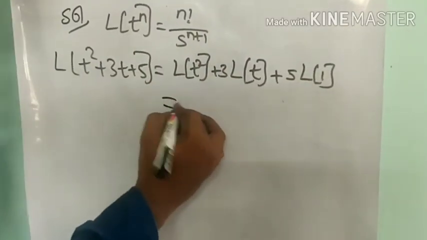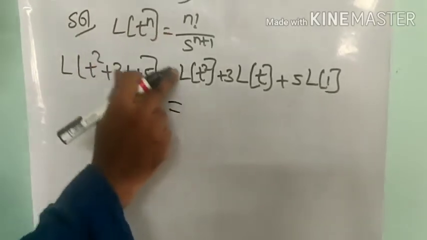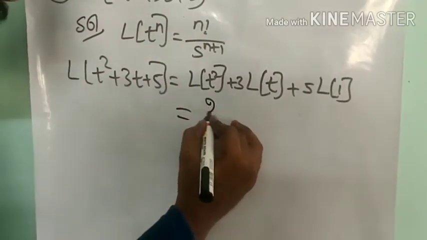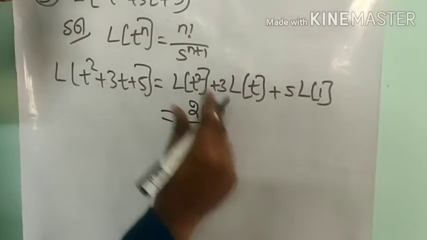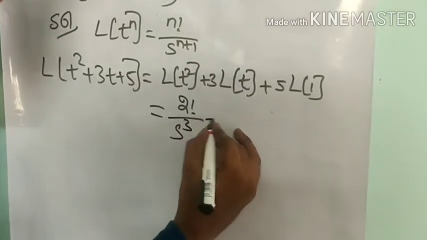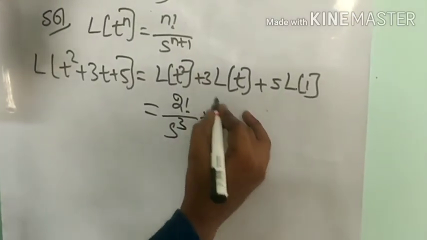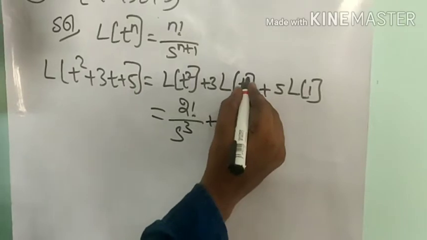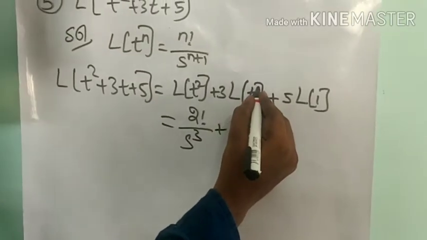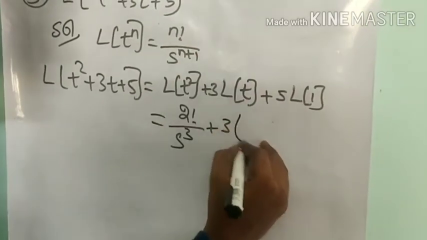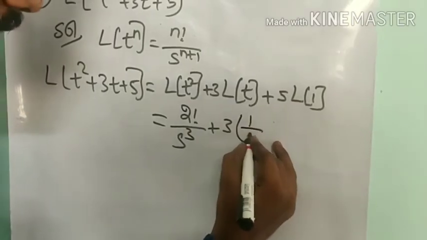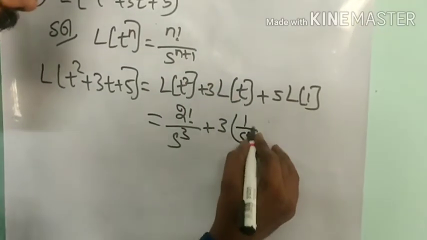Now apply the formula. What is the t power n formula? Substitute 2: 2 factorial by s power 2 plus 1. Next, 3 into Laplace of t, here the power is 1, so 1 factorial by s power 1 plus 1, that is 1 by s square.